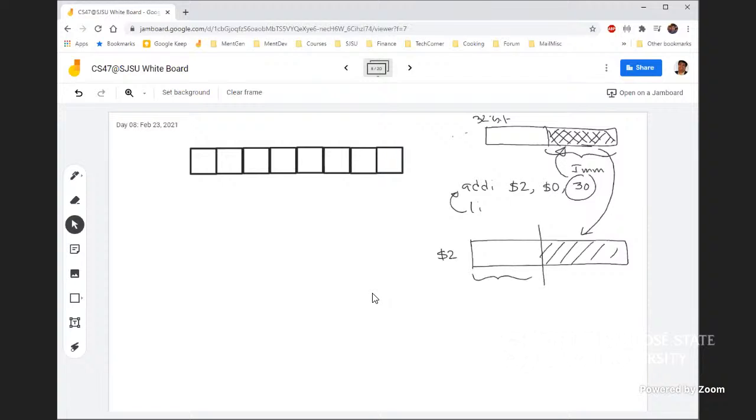Then the question becomes how we can load more than 16-bit value, because my $2 is a 32-bit value. I may need to load a larger value there in my program. So what is the solution for that?